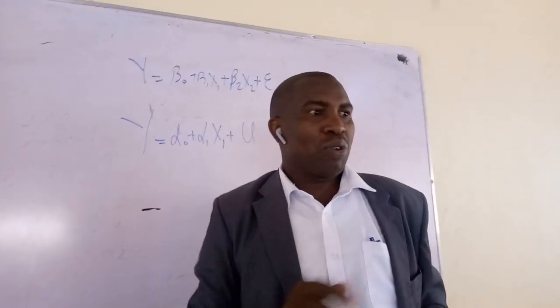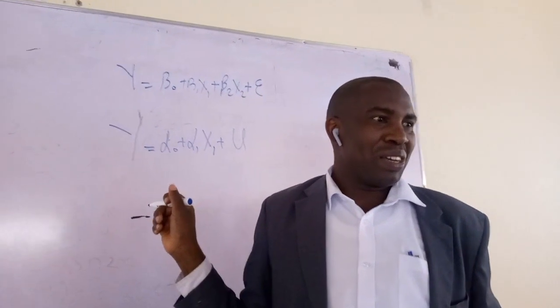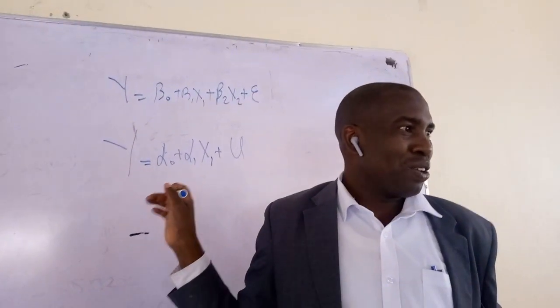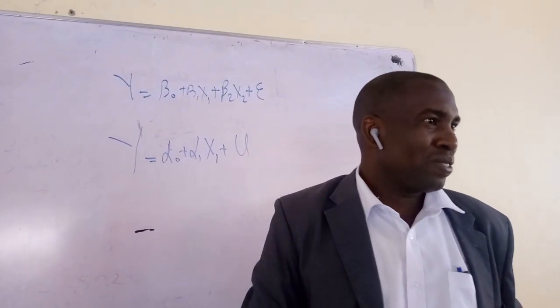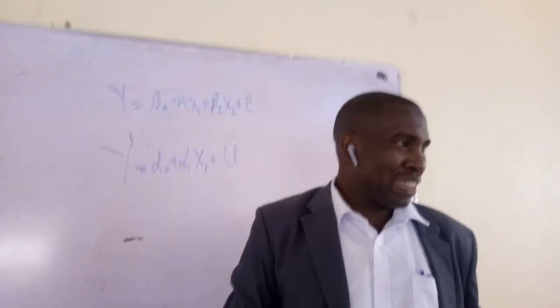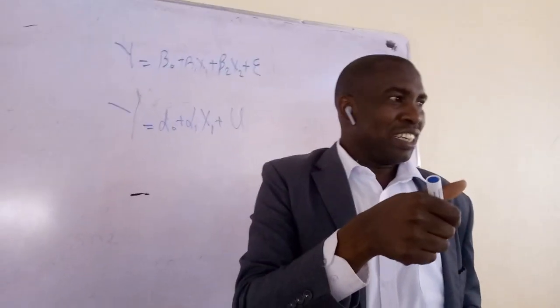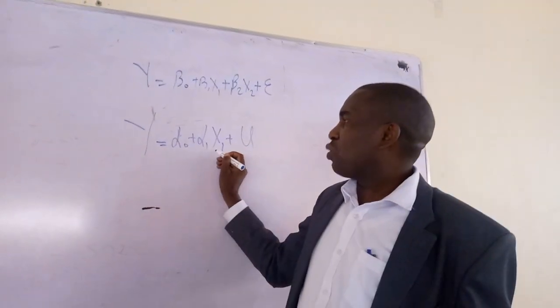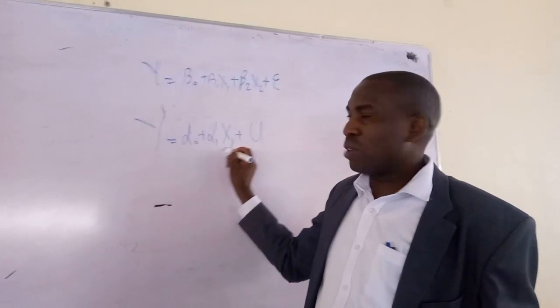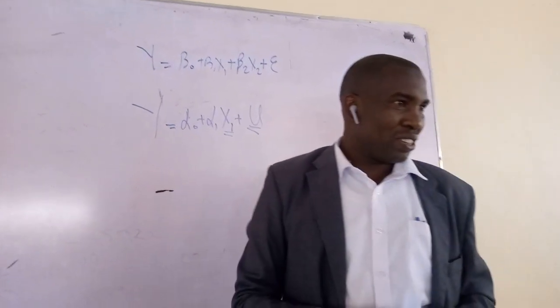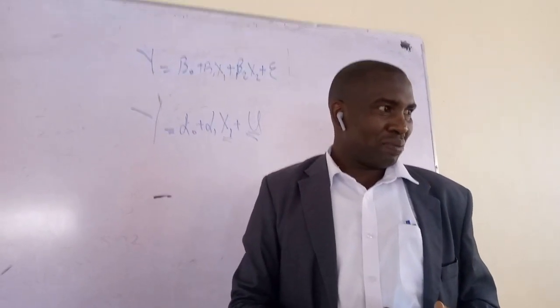I hope everyone understands the implication of this. Where will x2 be? It's now captured by the error term, and we saw it. Initially I had indicated that if that happens, the x and the error term will be related. Remember we looked at it.